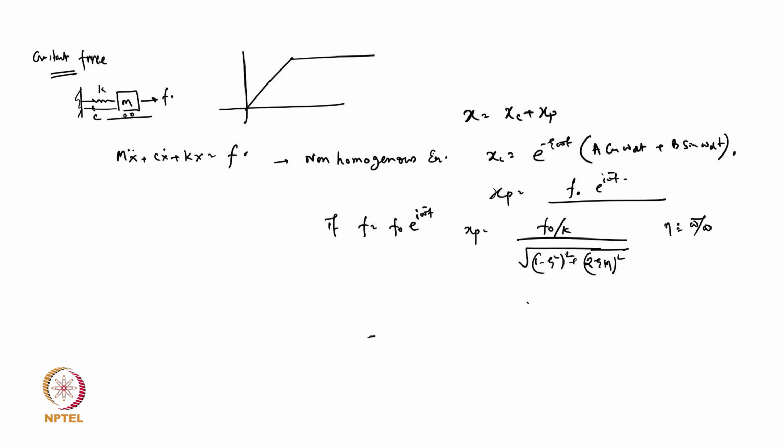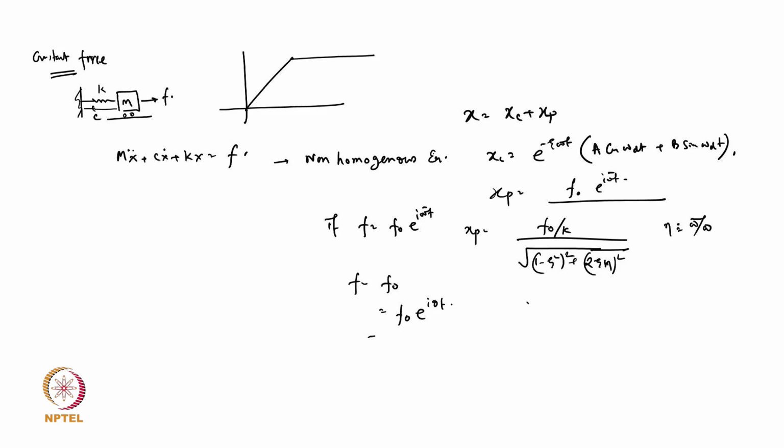Now, in this case you have f equal to f0. Can I say that this is equal to f0 into e to the power i 0 t? If you see, it's also correct. It's not wrong, because e to the power i 0 t is nothing but 1.